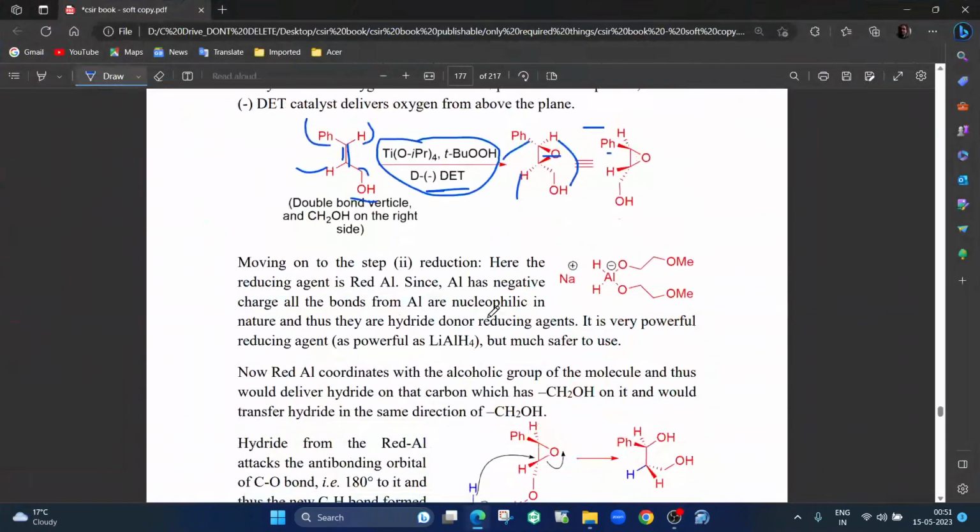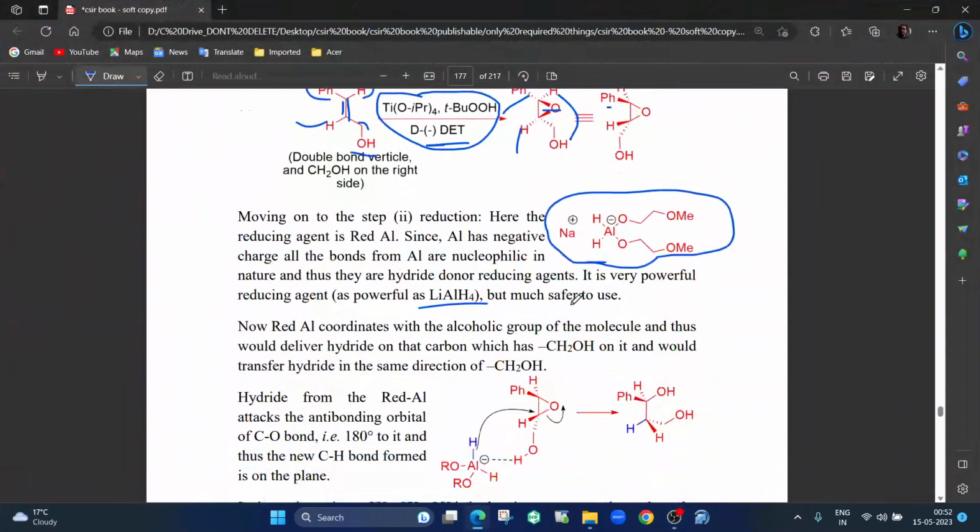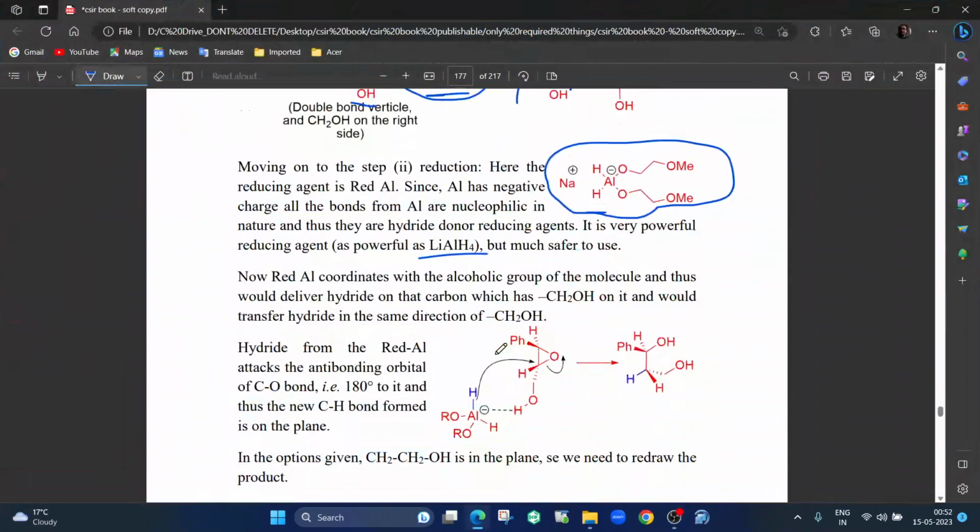Now you are reducing. Now Red-Al is a very powerful reducing agent, as good as LiAlH4, maybe a little less reactive, but very safe. LiAlH4 is very explosive, so you have to be very careful while using LiAlH4. This one is very safe to use. Okay, so when you use Red-Al, what happens is aluminum has a negative charge, so it coordinates with this oxygen.